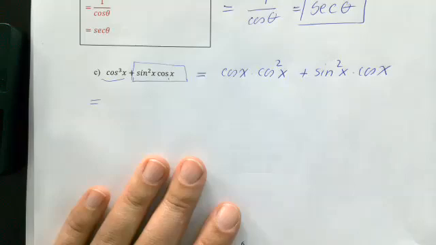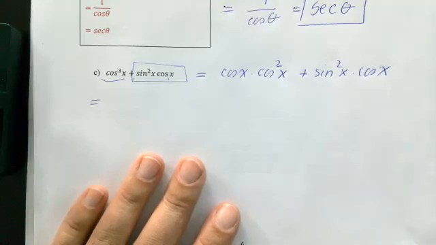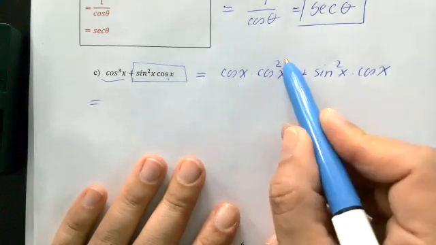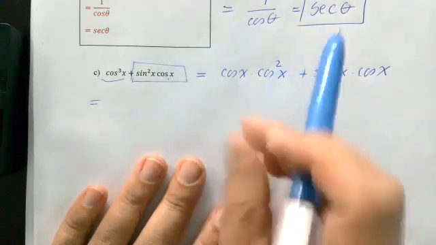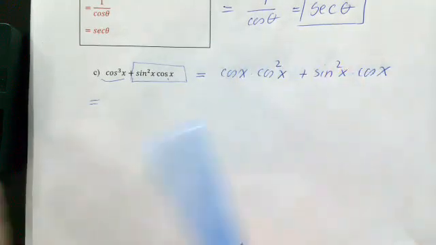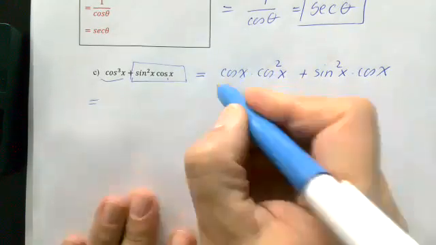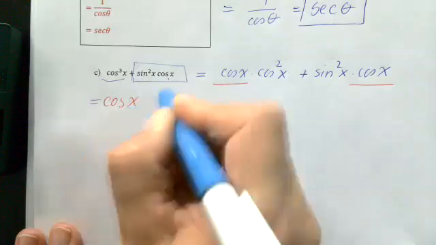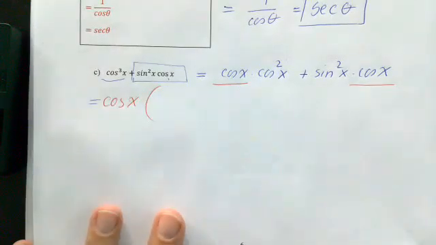Is that clear? Okay, so cos times cos squared is cos cubed, right? All I've done is just open it up so you can see the common factor. So cos of x, common factor, we write it once, open the bracket.